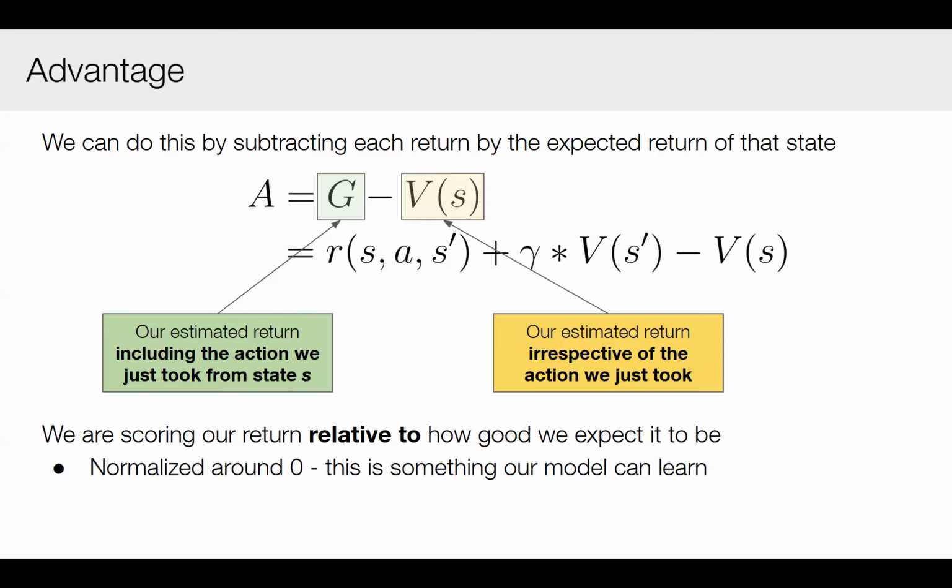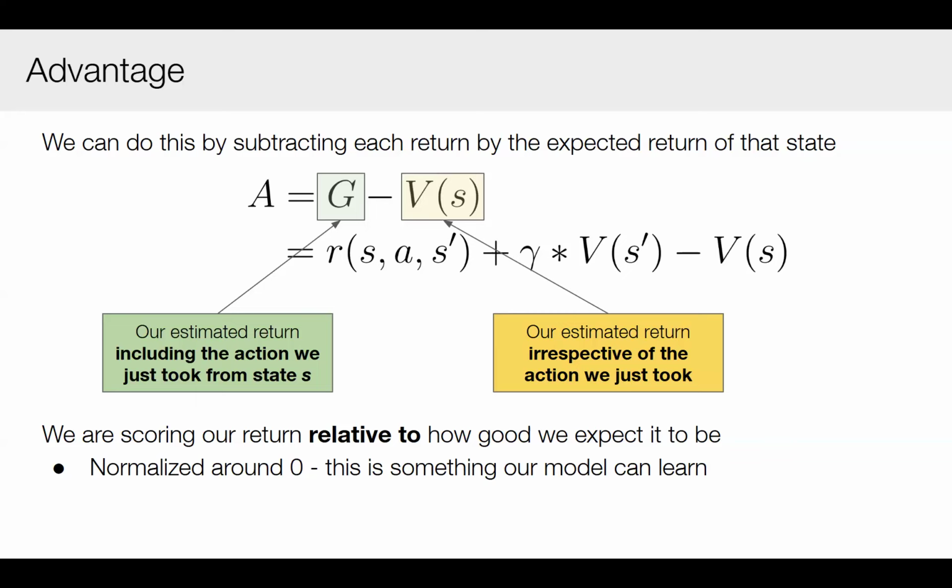This advantage is normalized around 0 by definition, right? If we take the action expected of us, if we take an action that corresponds to how good we expect that state in particular to be, our advantage is going to be 0, right? We've done average. We could also do worse by taking a worse action that leads to a worse V of S prime, or we could do better by taking a better action that leads to a better V of S prime, right?